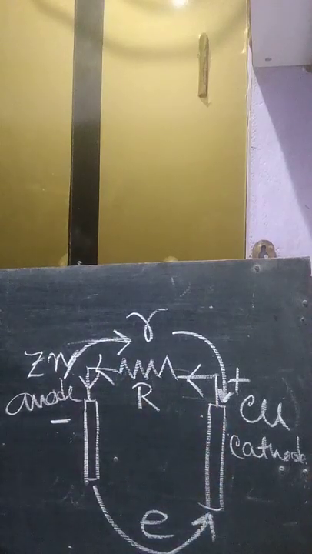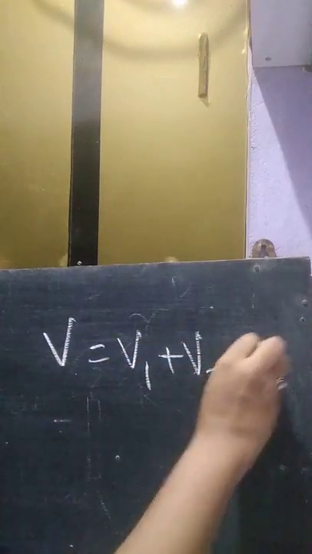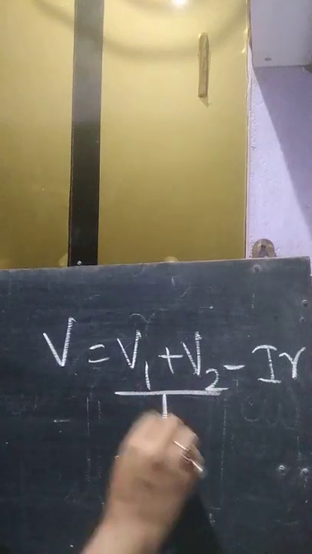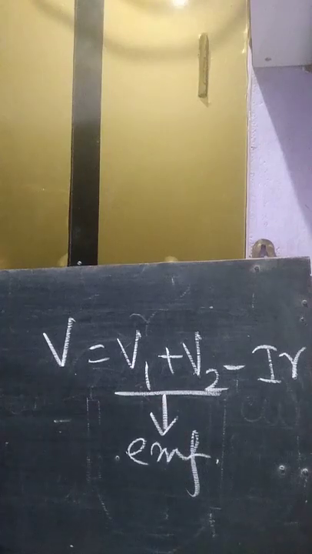If it is a closed circuit, then we can write it like this: capital V equals V1 plus V2 minus IR. What is V1 plus V2? It is basically the EMF part, the potential difference.